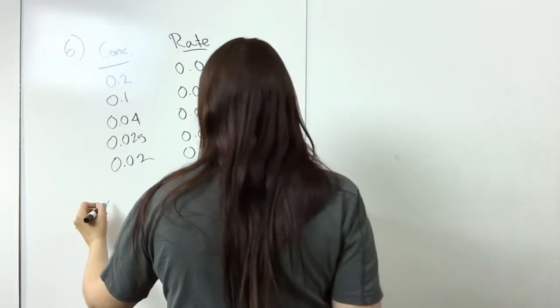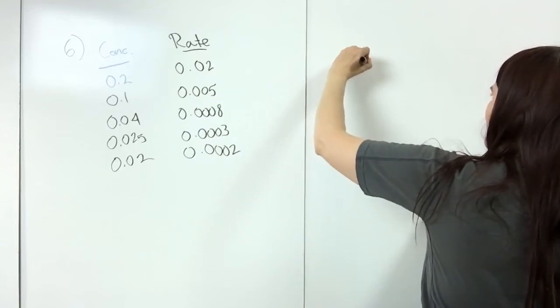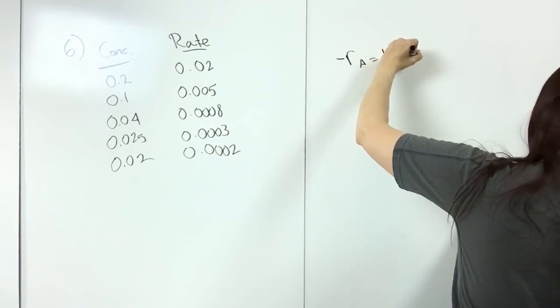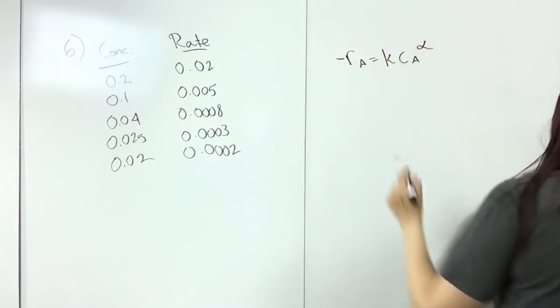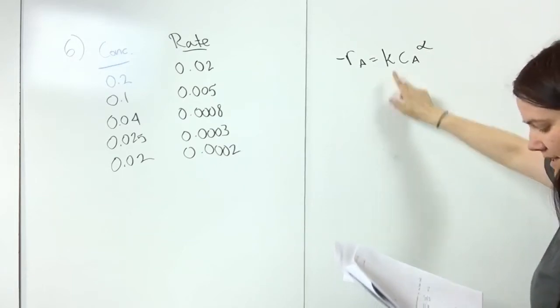And then we can write down the equation for the rate. So the generic rate equation is minus rA is equal to k CA to the alpha. And so it's asking us to determine what alpha is and what k is.